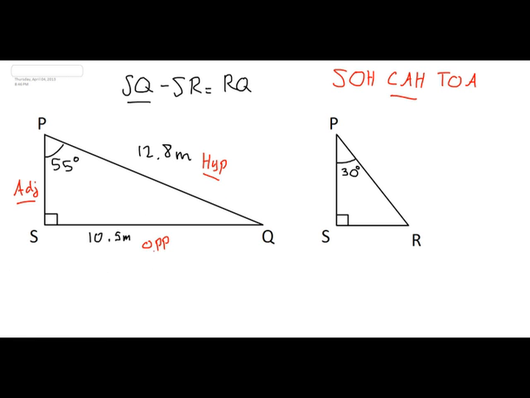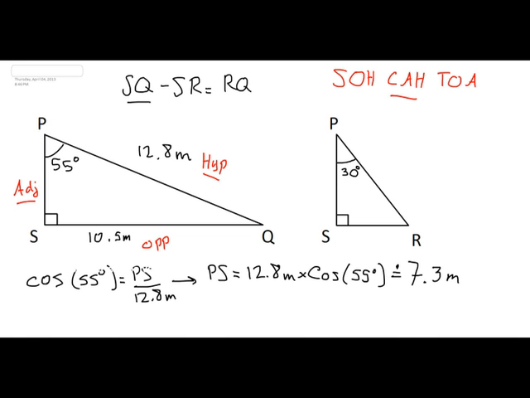So pause the video, and I want you to solve for side PS here. So what we're going to find is that the cos of 55 degrees is equal to PS over 12.8 meters. Using algebra, we find that PS is equal to 12.8 meters times the cos of 55 degrees, which is approximately 7.3 meters. So now that we know PS here, we also know PS here.